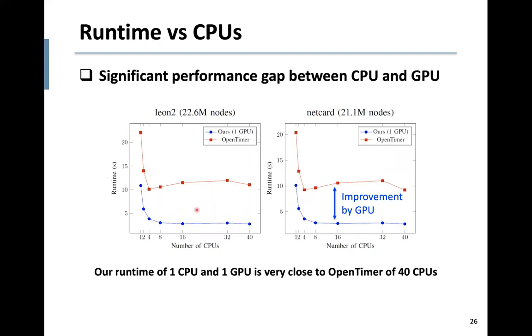Regardless of the number of CPUs we use to run the timer, our runtime is always faster with one GPU. You can see our runtime with one CPU and one GPU is already very close to OpenTimer's runtime of 40 CPUs. And this significant performance improvement is not possible without the use of GPU.